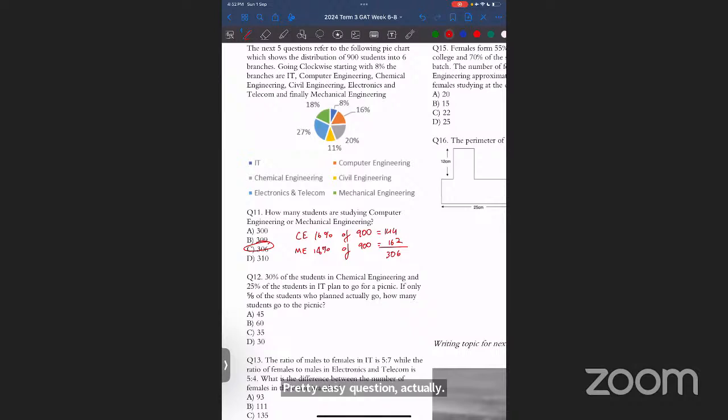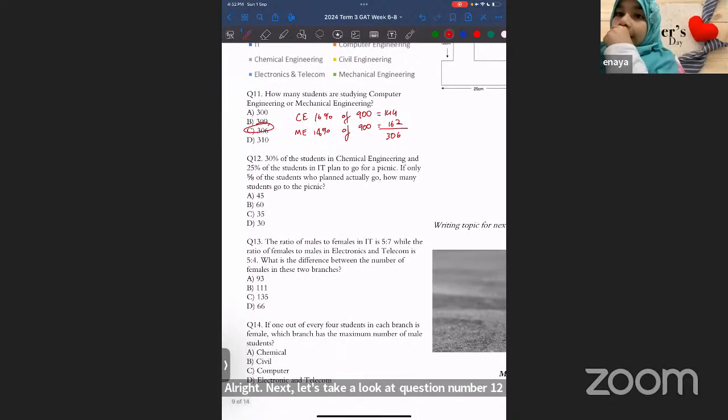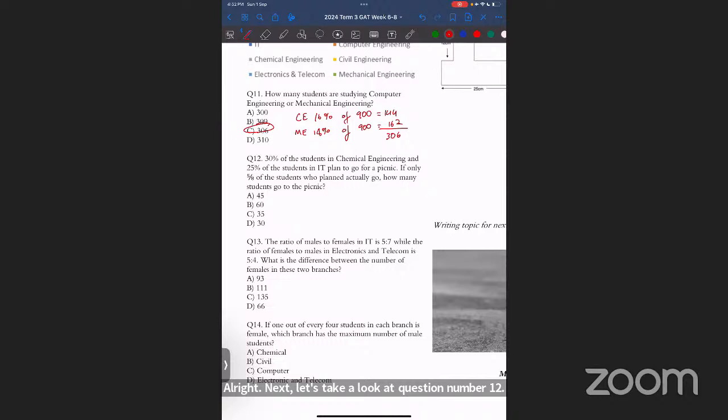All right. Next, let's take a look at question number 12. 50% of students in chemical engineering and 25% of students in IT plan to go for a picnic. If only 5/8 of the students who actually plan to go actually go, how many students went to the picnic?